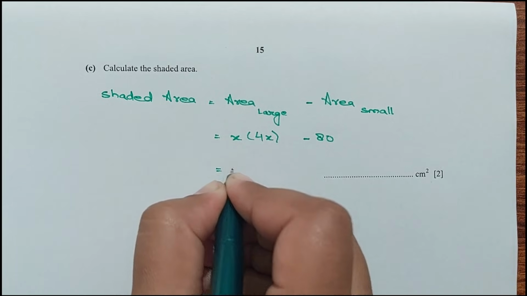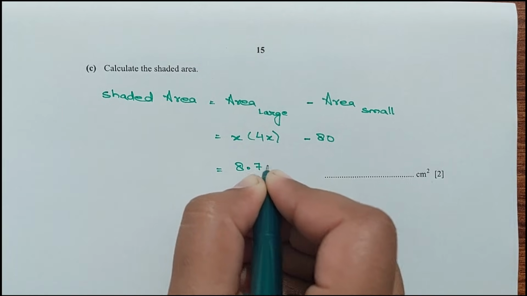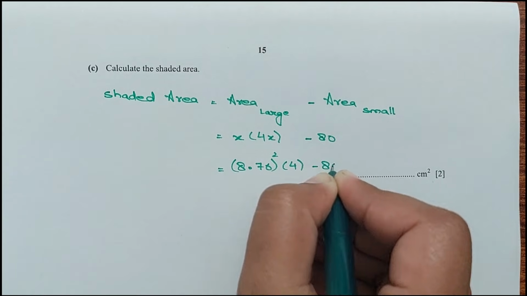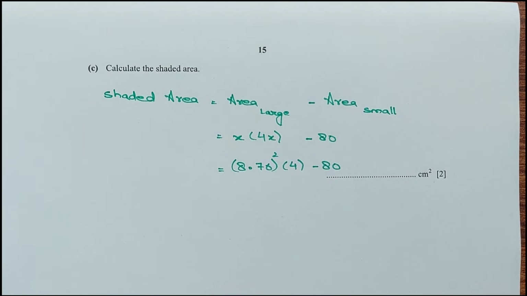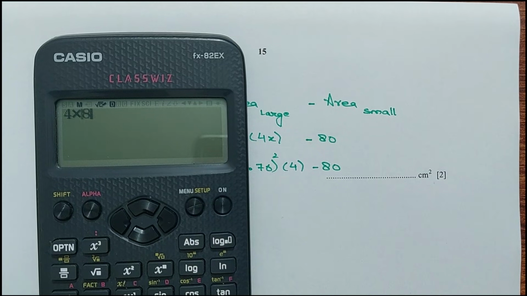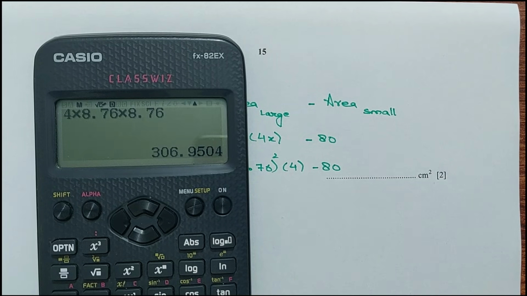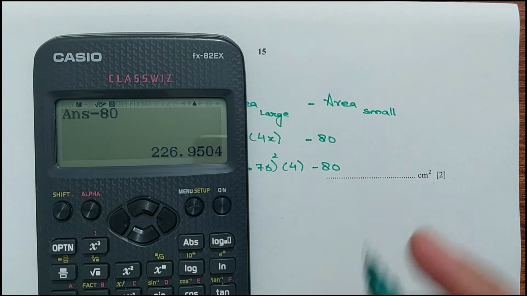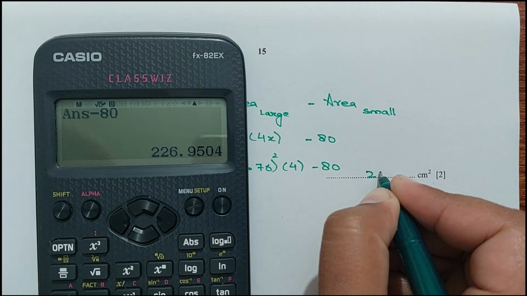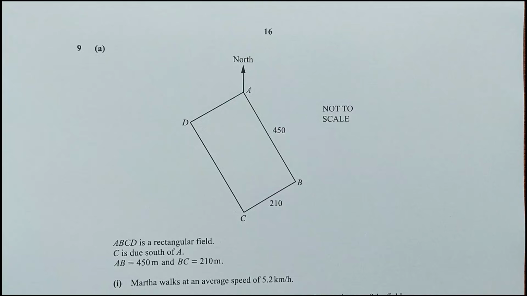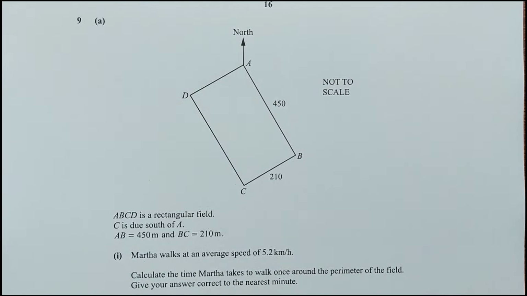So the x value we are using is 8.76, squared, times 4, and minus 80. Simplify. 4 times 8.76 times 8.76 and minus 80, that is 266.9, or we can say 227 centimeter square.